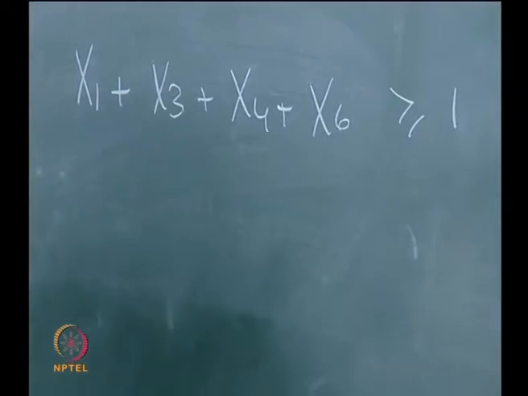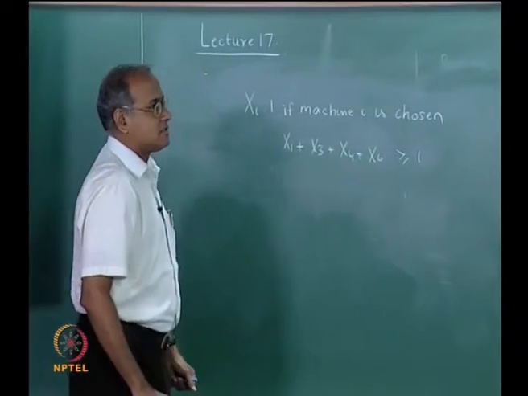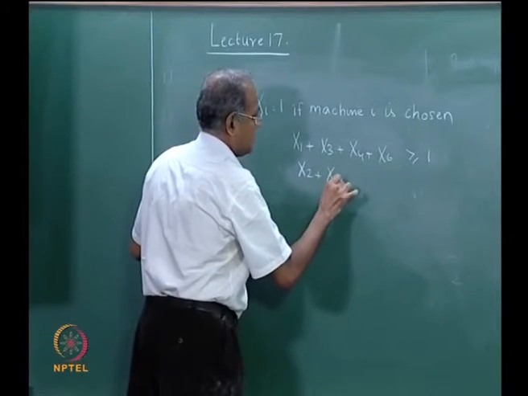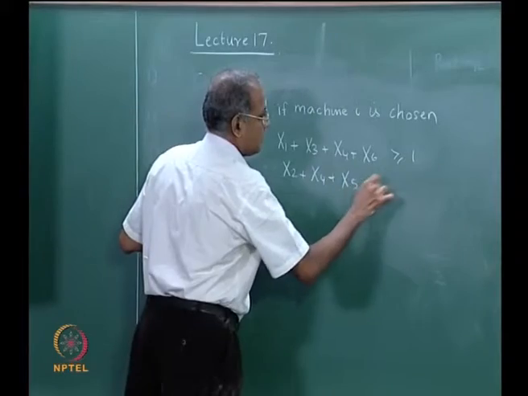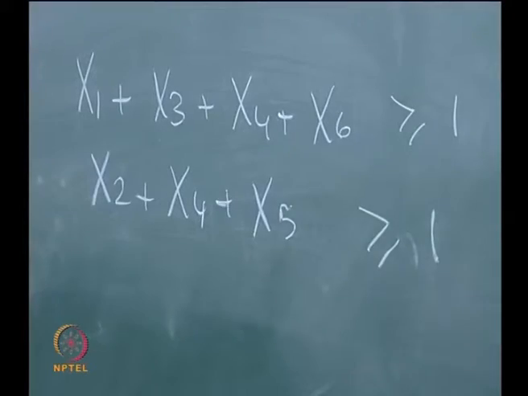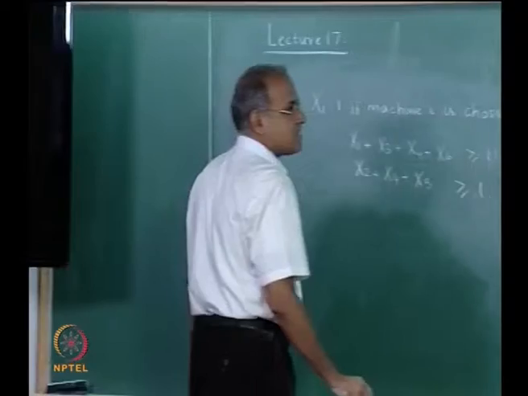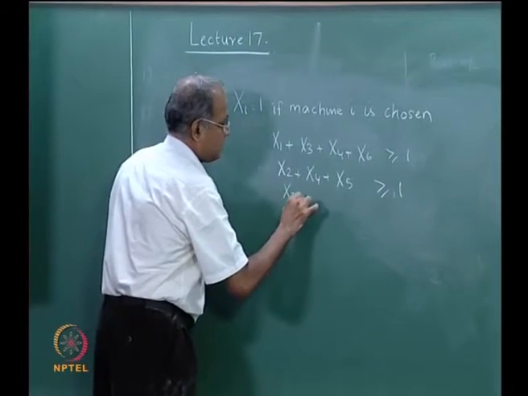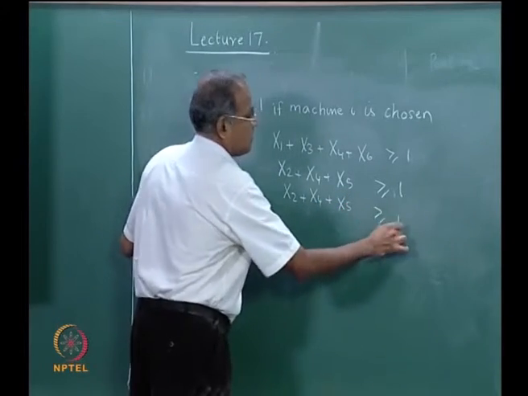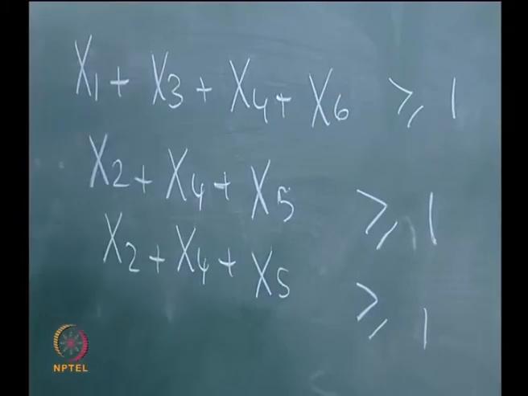To make the second operation, I need x2 plus x4 plus x5 greater than or equal to 1. To carry out the third operation, x2 plus x4 plus x5 greater than or equal to 1.